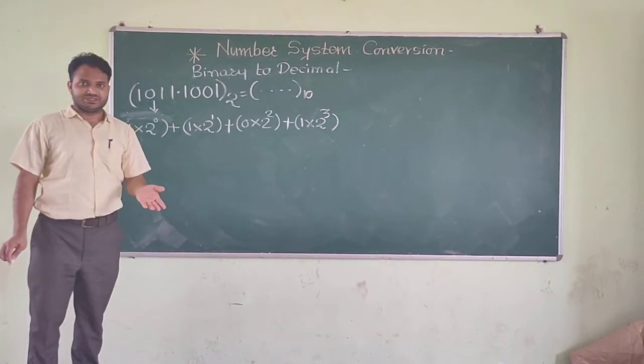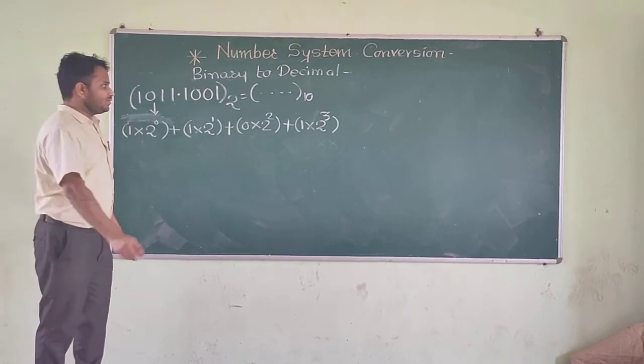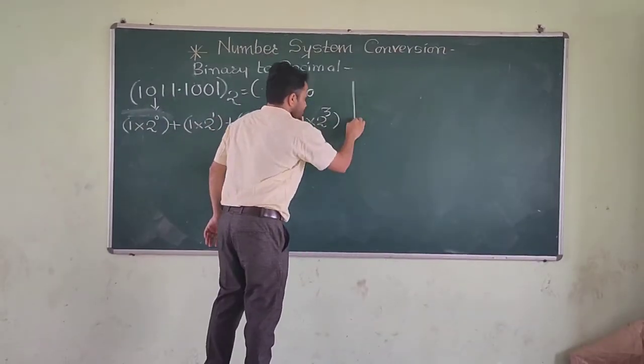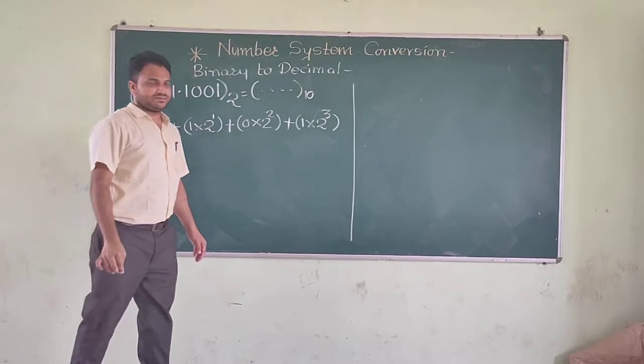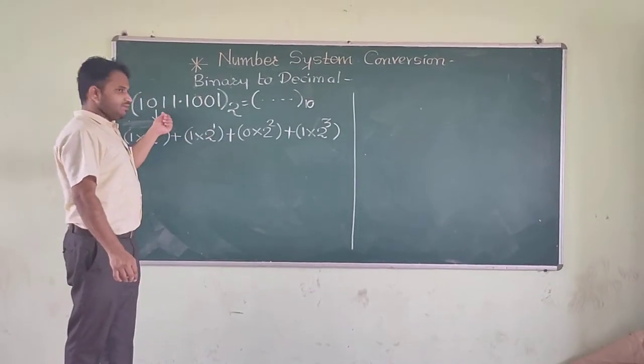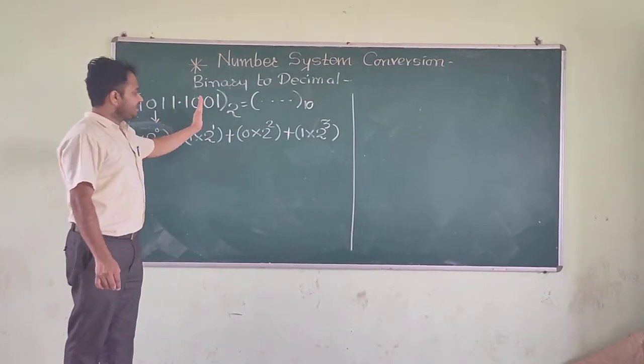After the decimal point you have to follow another procedure. For that, I just make two columns. So this is for the left part and this is for the right part.